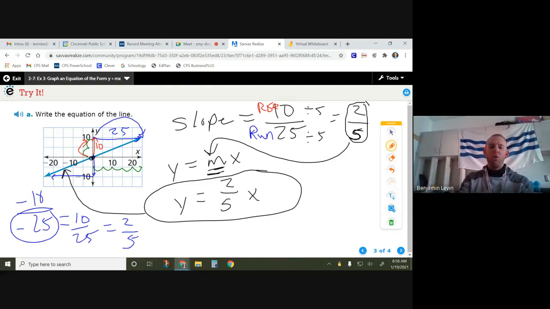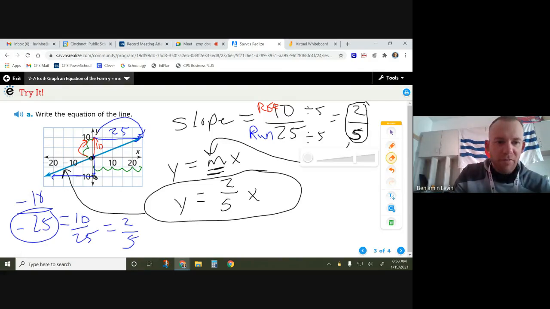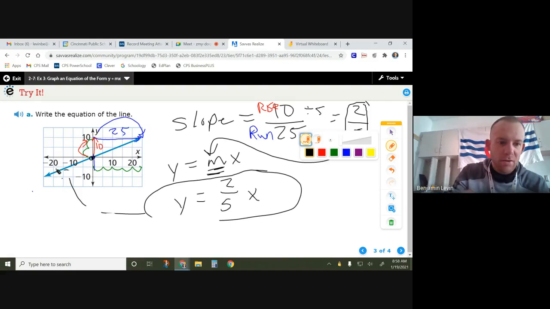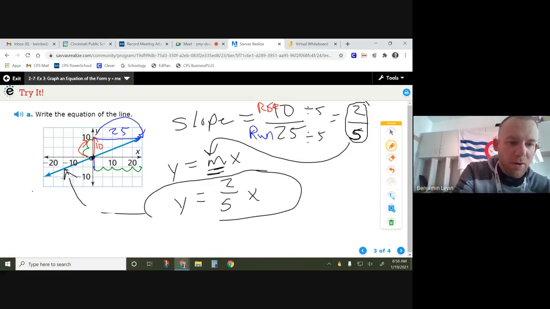So make sure you always go to the right if you are trying to find the slope of a graph. Don't do this. You can get to the right answer that way, but it's unnecessarily confusing. I would recommend against it.